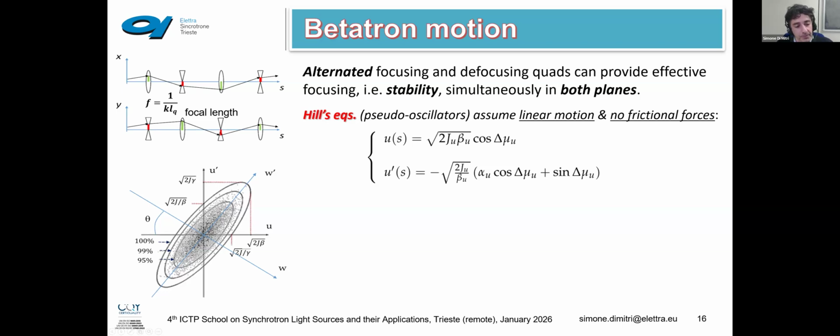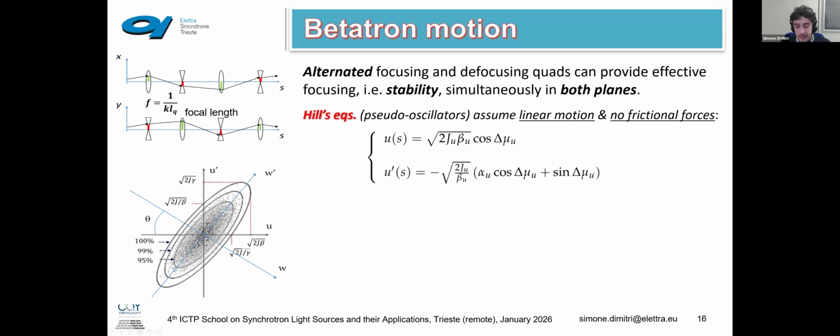So what accelerator physicists do typically is to represent the distribution of particles in the phase space through a simplification, which is an ellipse, as you see here, an ellipse containing most or a given percentage of your charge.